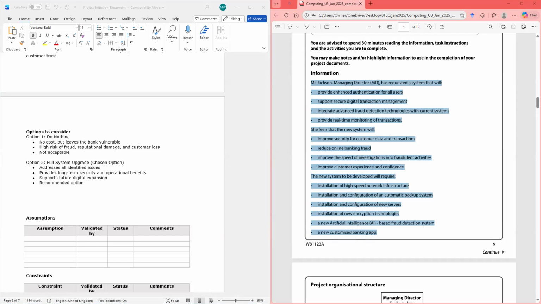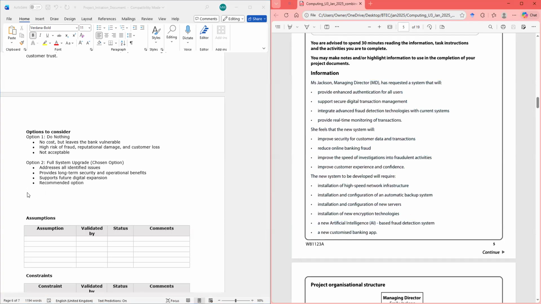So the business benefit is all there. Let's look at it. So the next one would be business benefit. Okay. Business benefit.